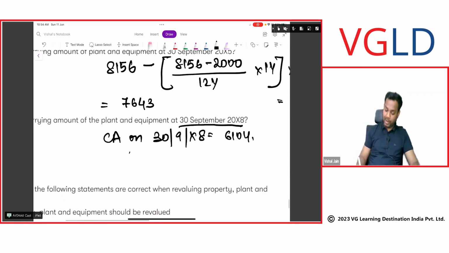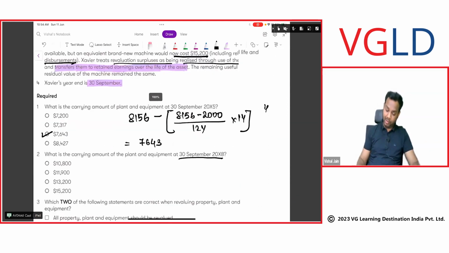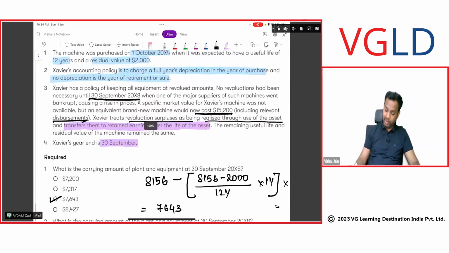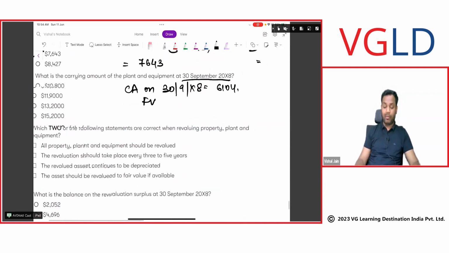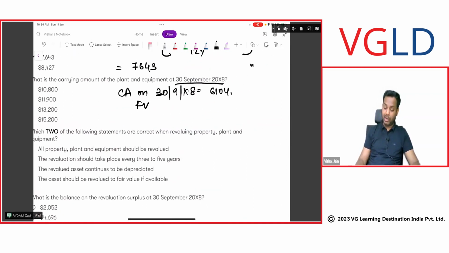Now, what is the fair value on this date? The fair value on this date is 15,200, right? But this is the current market value of a new machine, not the fair value. So I have to arrive at the current cost.